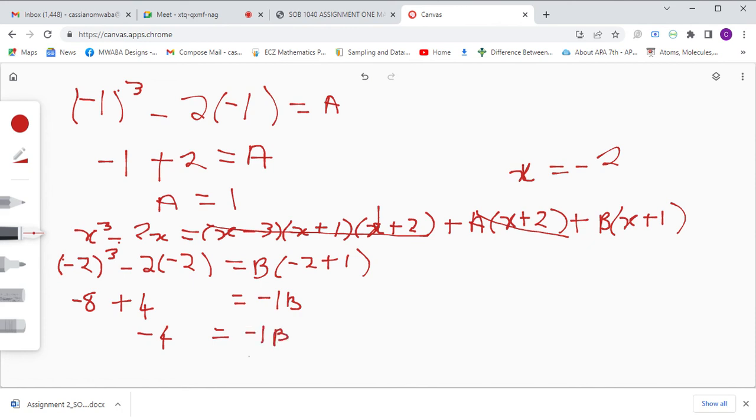Then we're going to divide both sides by -1 to get our value of b. So b equals +4. A equals 1, b equals +4.